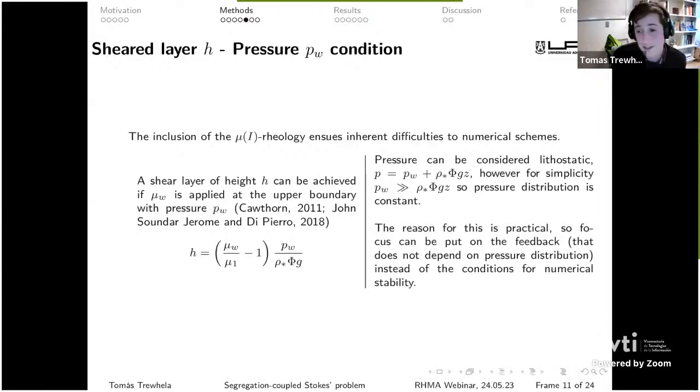The third one is more interesting, because the third Stokes problem is basically the flow over a slope, as some people call it. The flow over a slope could be interesting.